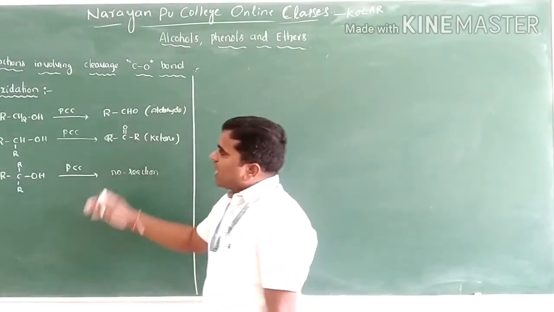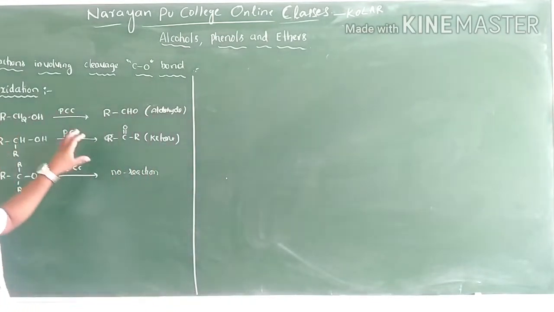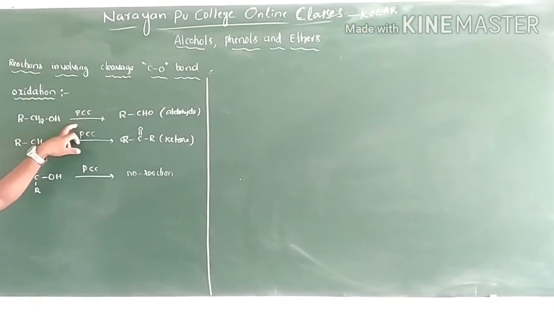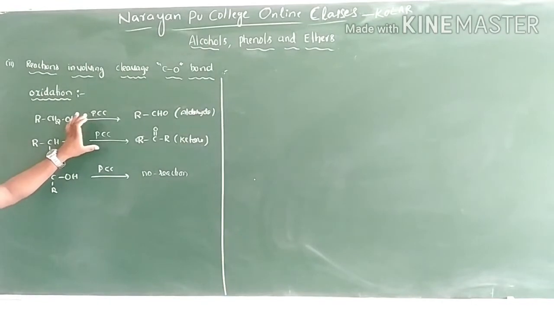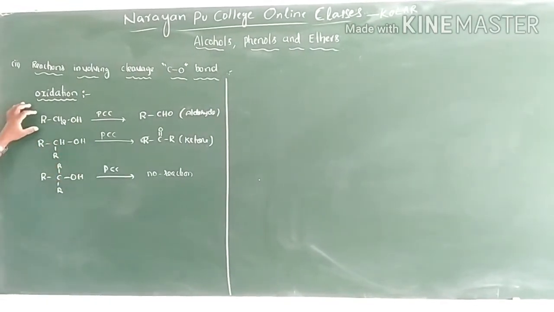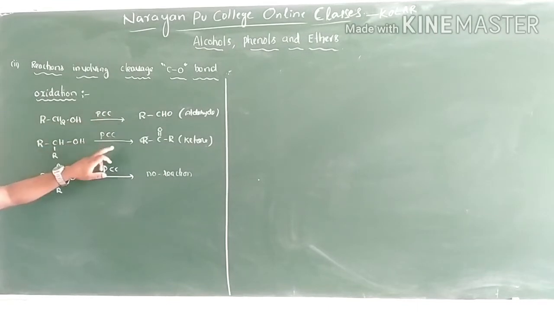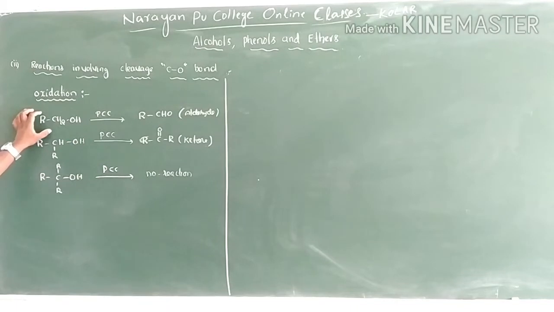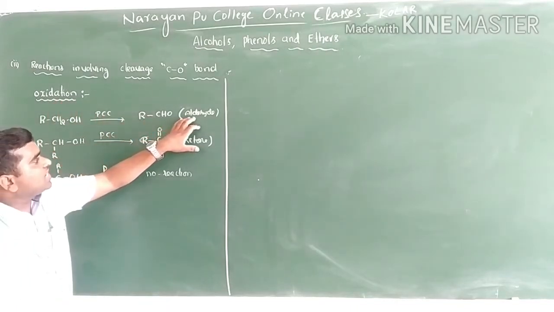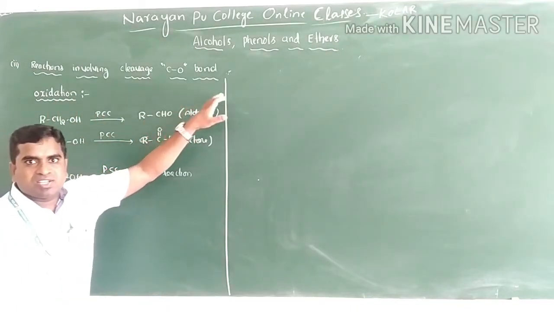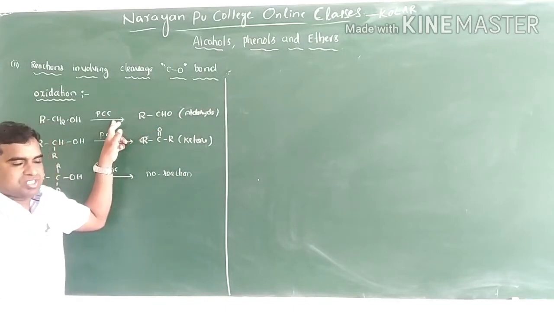See here, just now I have mentioned oxidation with not-strong oxidizing agents. These are somewhat mild oxidizing agents. So whenever oxidizing agents like PCC or CrO3 are used, primary alcohols are oxidized to aldehydes. Further oxidation will not take place because it is not a strong oxidizing agent.